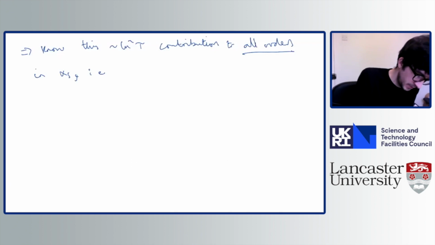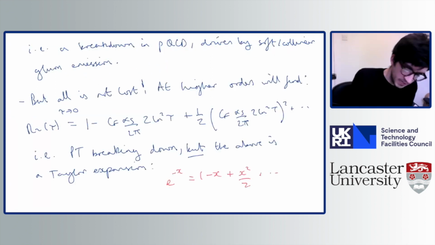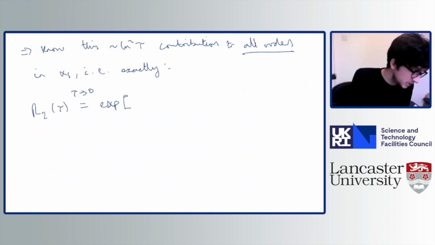i.e., I'll write that again. I.e. exactly. Okay, so R2 of tau equals, as tau goes to 0, just the exponential. Remember, I've just said it's a Taylor series of e to the minus x. There's x, CF, alpha S, blah, blah, blah. So minus CF, alpha S over 2 pi, 2 log squared tau.